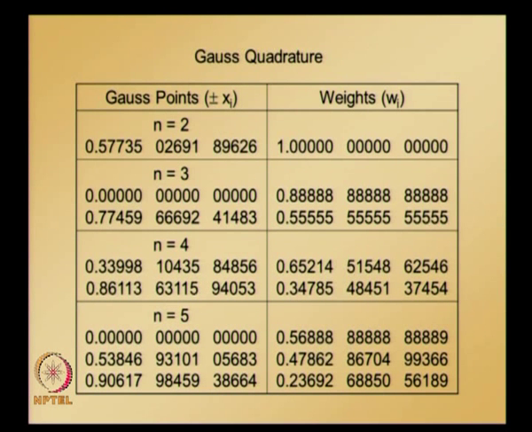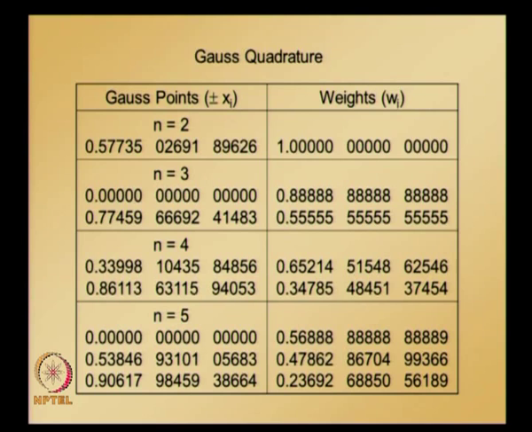And you can notice that for both locations and weights a space is there between the numbers, which just gives us freedom; it is up to the user to decide how many significant digits of accuracy are required. Depending on that, he can select the rest of the digits from the table.